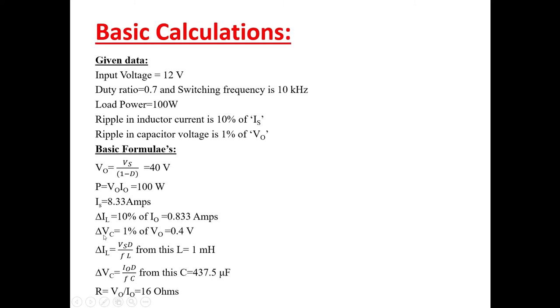Ripple in capacitor voltage is 1% of output voltage, that is 1% of 40 volts, that is 0.4 volts. After calculating delta IL and delta VC, we can design L and C values, also resistance values. So substituting all the values in the formula, you can get L, C and R values.